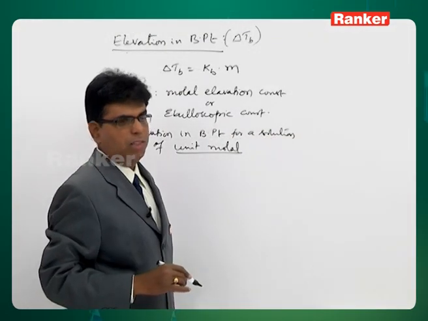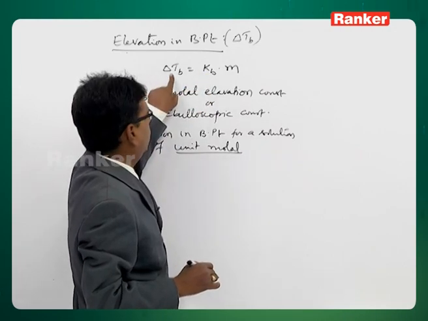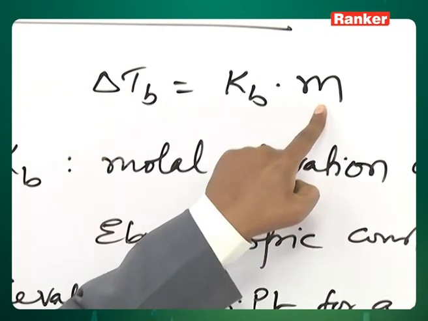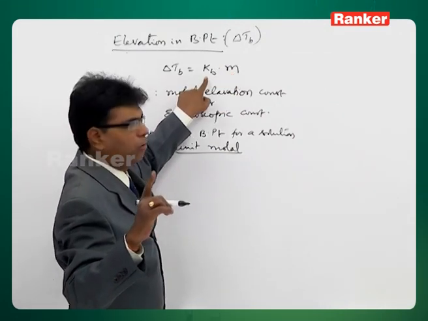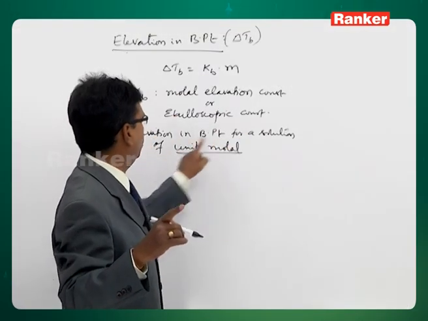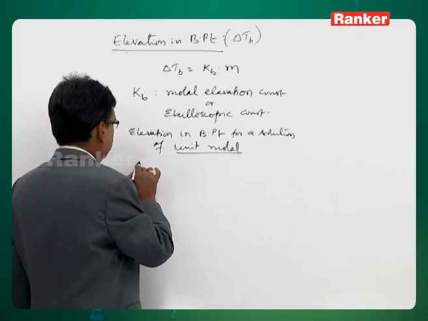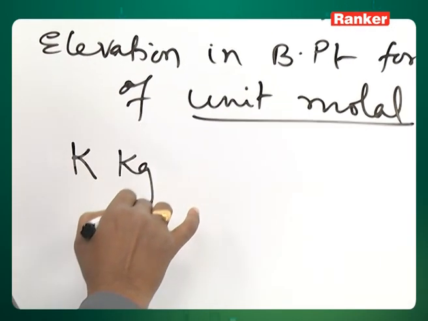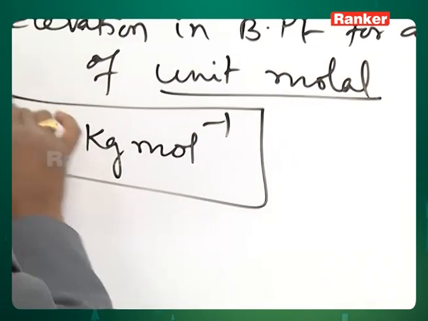Unit molal means this Kb is nothing but elevation in boiling point of a solution when molality is 1. When molality is 1, delta Tb is equal to Kb. So, this is nothing but elevation in boiling point for a solution of unit molal. So, the unit for Kb is Kelvin kg per mole.